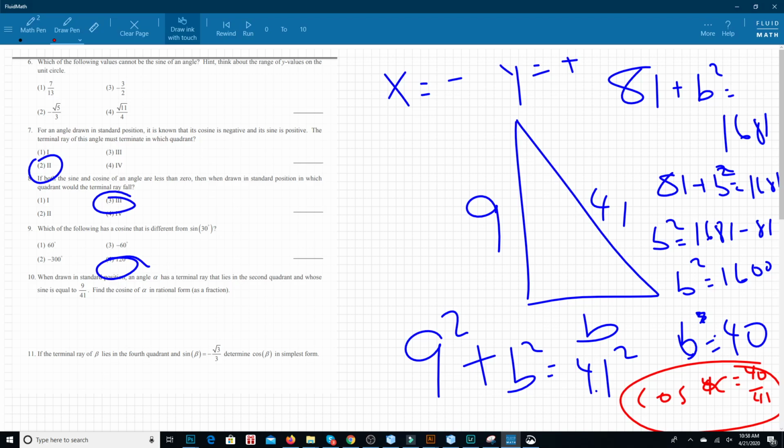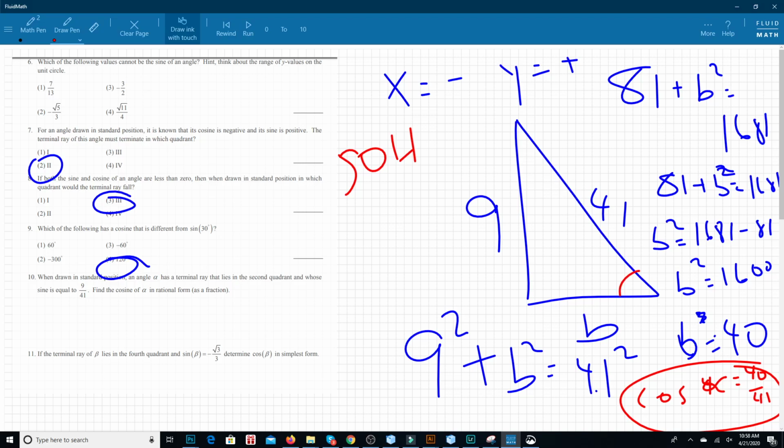If you have no questions here, guys, where'd you get B? Oh, B. Okay, so I used the Pythagorean theorem, Jeff. So a squared plus b squared is equal to c squared. We knew that the sine is equal to 9 over 41. Remember SOHCAHTOA? Sine is opposite over hypotenuse.